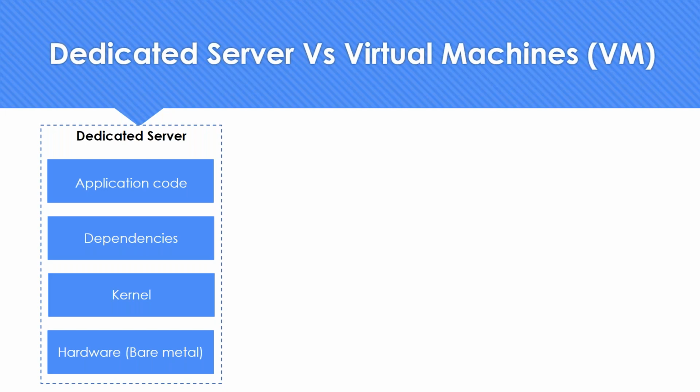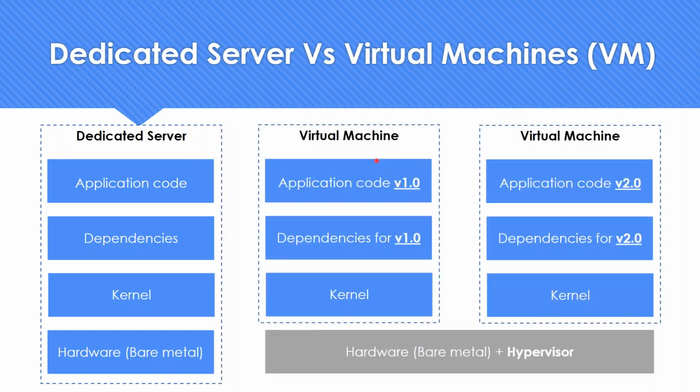That is where organizations like VMware started providing a different solution called virtual machines, which was exactly the same concept, but on top of your bare metal, they install a system level software called a hypervisor, which is going to virtualize your hardware.